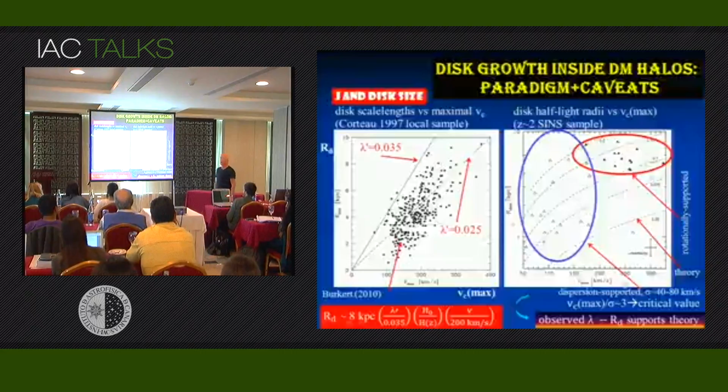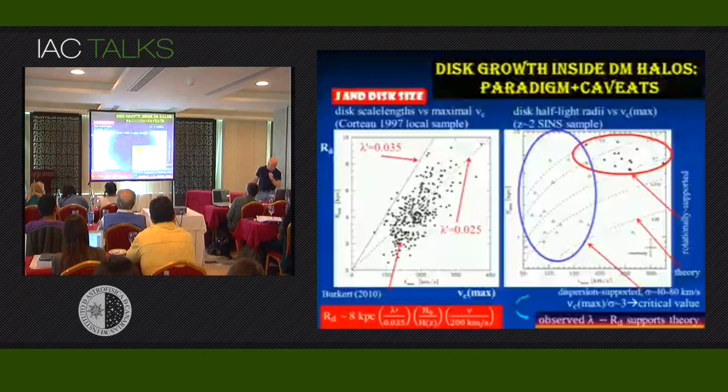And the dashed lines that we have here are the theoretically calculated lines of constant lambda prime, constant spin. And so you see, the correspondence is really not bad. You increase the rotational support, and you get larger galaxies, as the theory predicts.